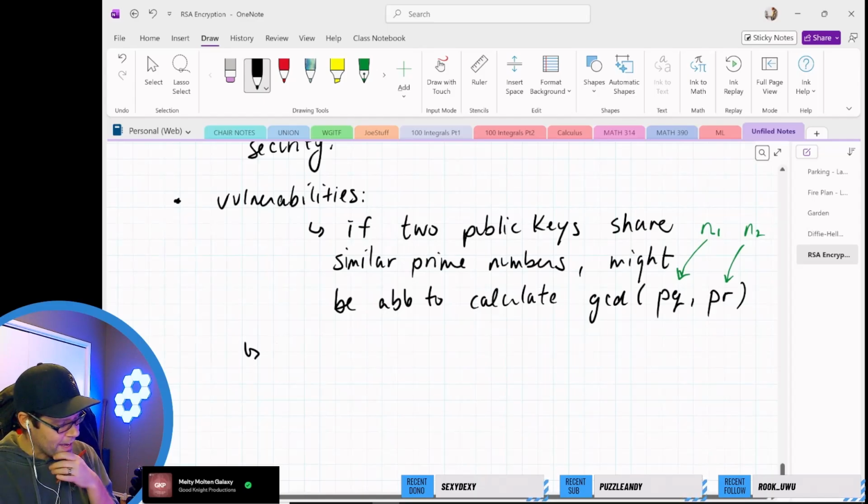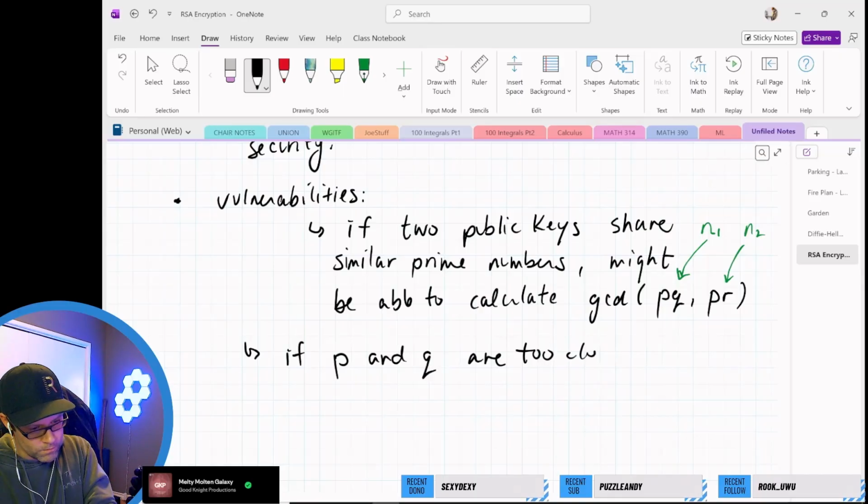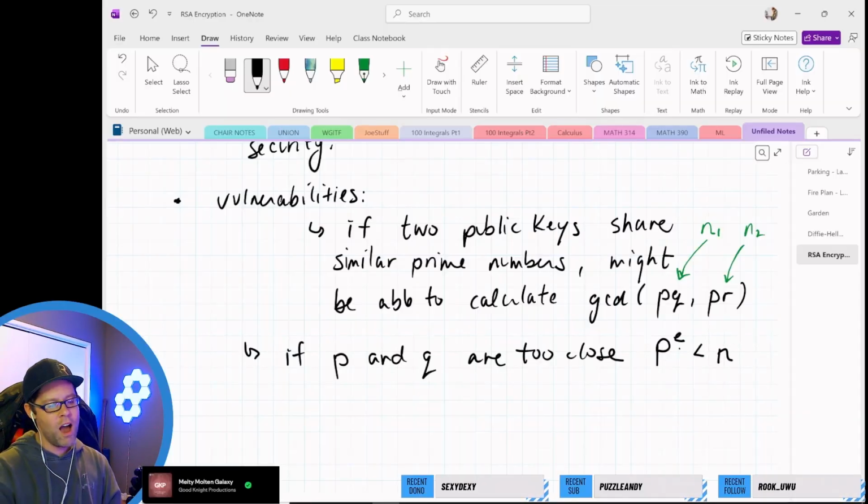The other one that I had was, so this is kind of answering the first question I had, what happens if P and Q aren't far enough away. So if P and Q are too close, then P, so the plain text message encoded, would be less than N. Oh, okay.